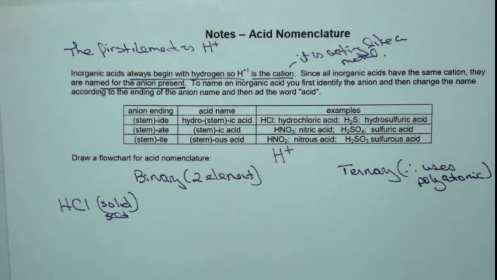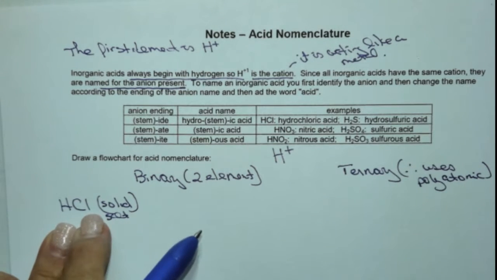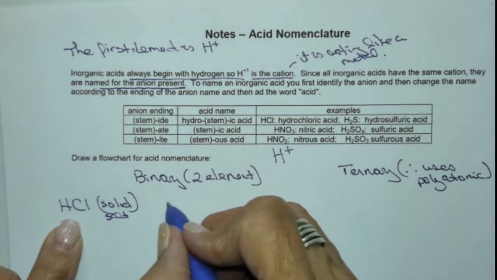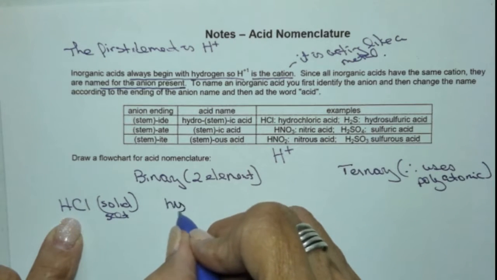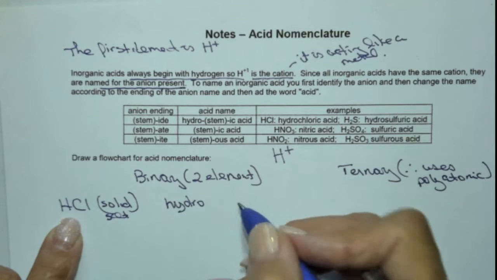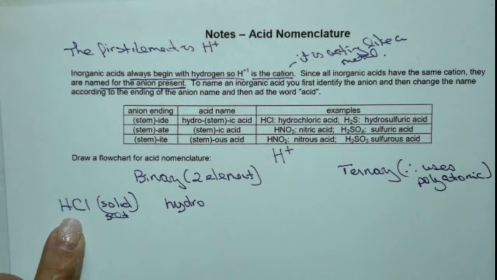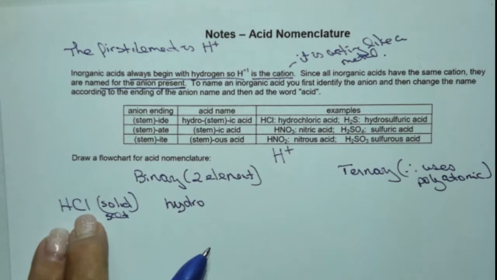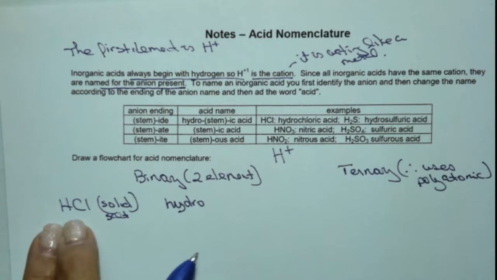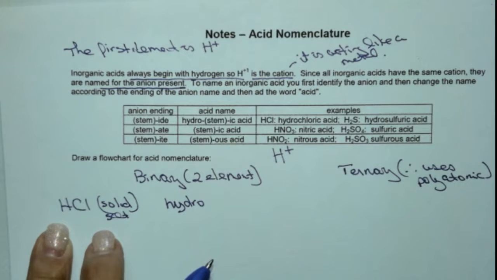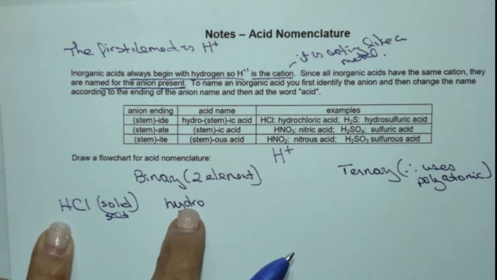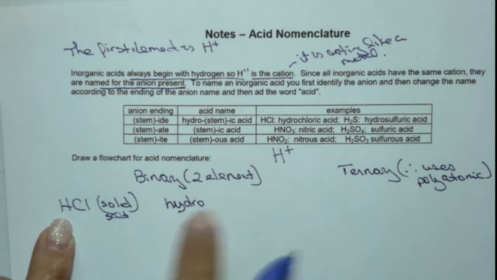The first thing I see is that I have two elements, and based on the "ide" from the chlorine, I need to use the prefix hydro. I'm going to add it to the stem of the second element. In a compound like this, we have hydrogen and an element to follow. That's the clue.